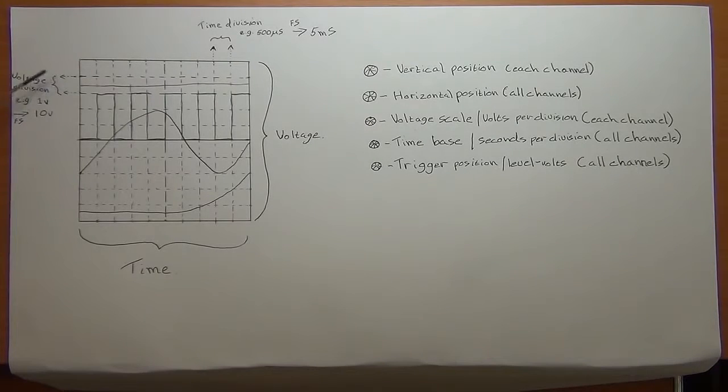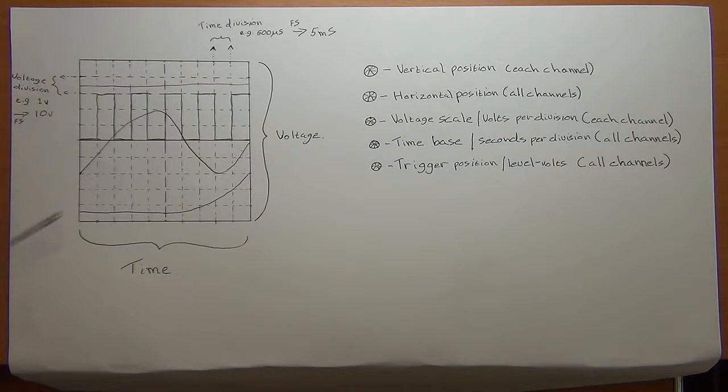And in the example that we're going to have a look at, each of those divisions is set to 1 volt, 1 volt per division, which means the whole screen shows a total value of, happens to be 10 times those divisions, which would be equal to 10 volts.